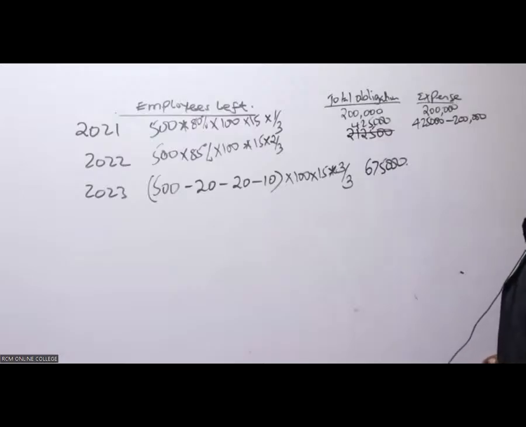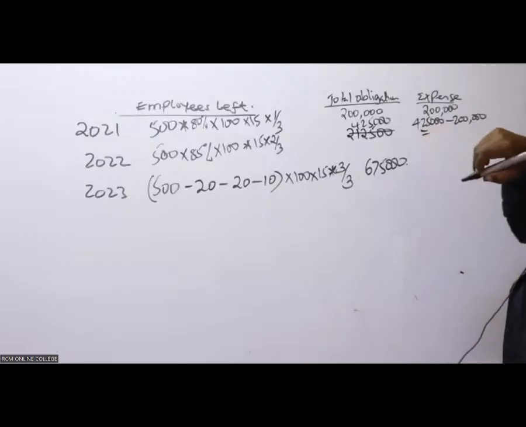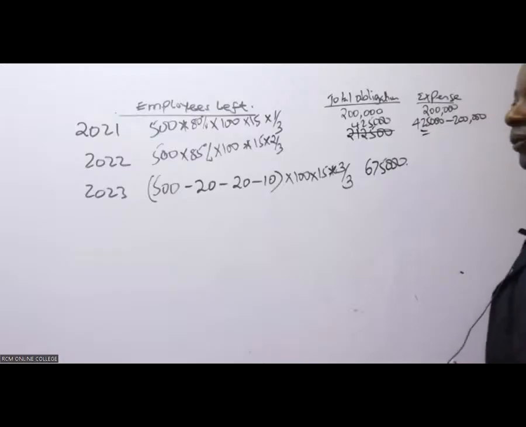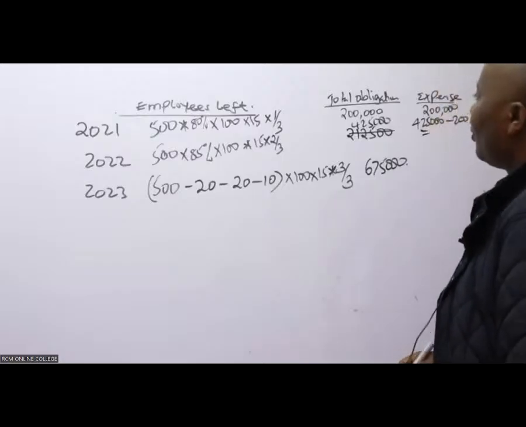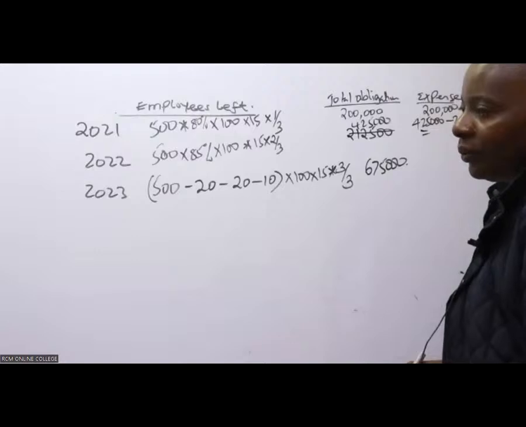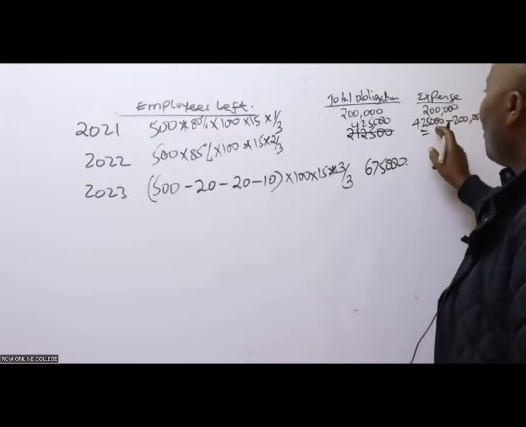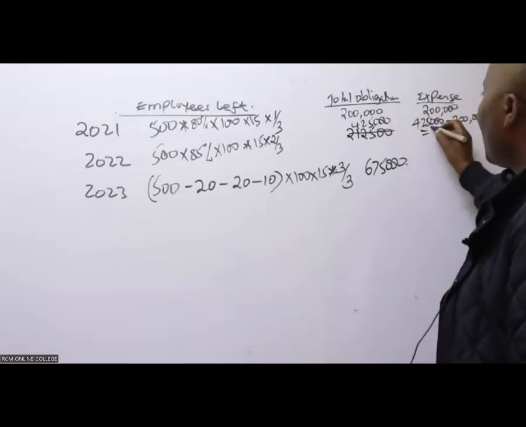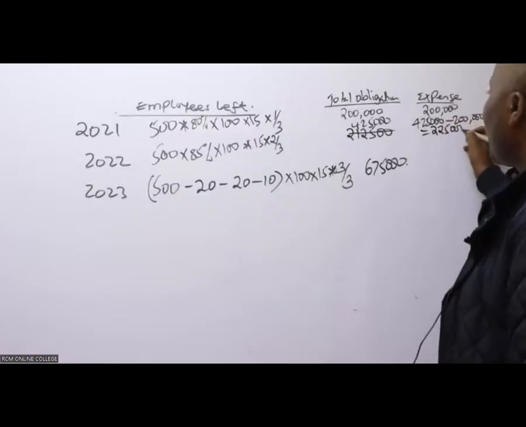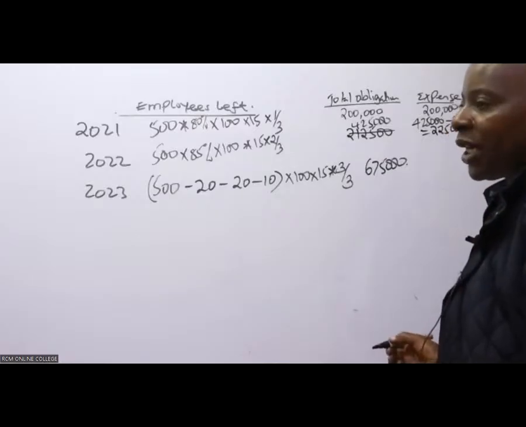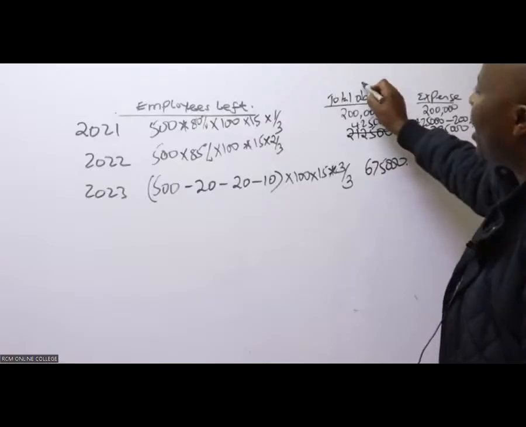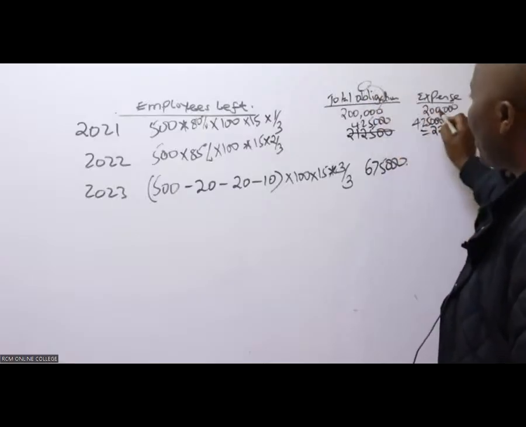You recognize the difference, which in this case, ladies and gentlemen, will be equal to who? Can somebody give me this figure? 425,000 minus 200,000, that is 225,000. So remember, we're basically beginning from zero. The first year, you recognize 200,000.